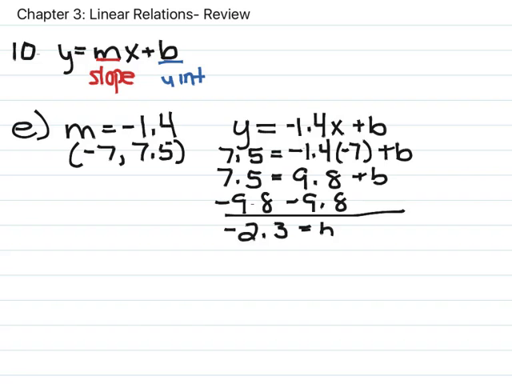It's going to be b, giving us y is equal to negative 1.4x minus 2.3. It's important to remember that whatever sign is here goes here.